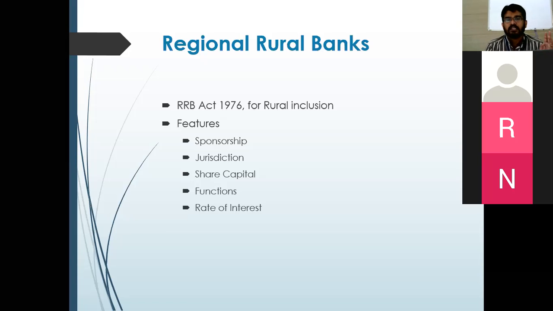Coming to the functions, the main function of these banks is providing loan facilities to small laborers, marginal farmers, agricultural laborers, for fertilizers, crop loans and all those things, as well as for artisans and small entrepreneurs in the rural areas.